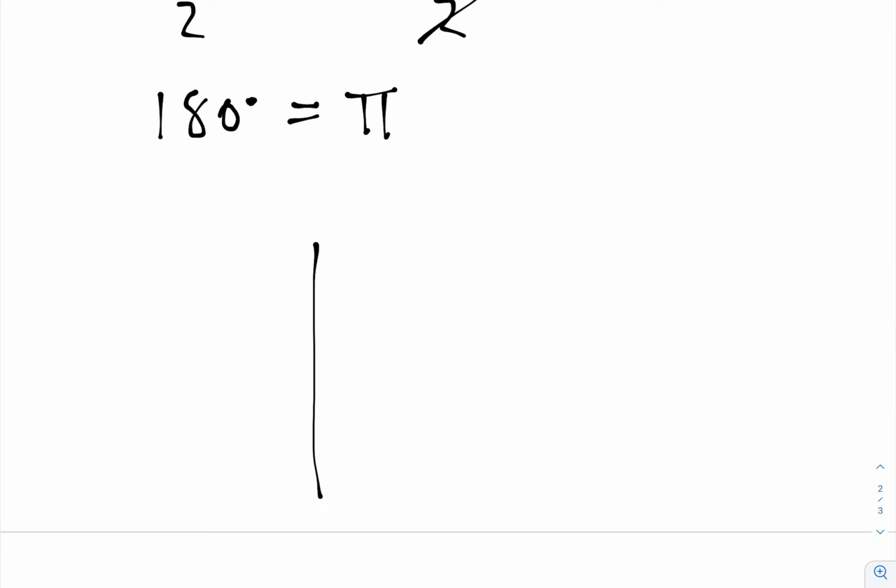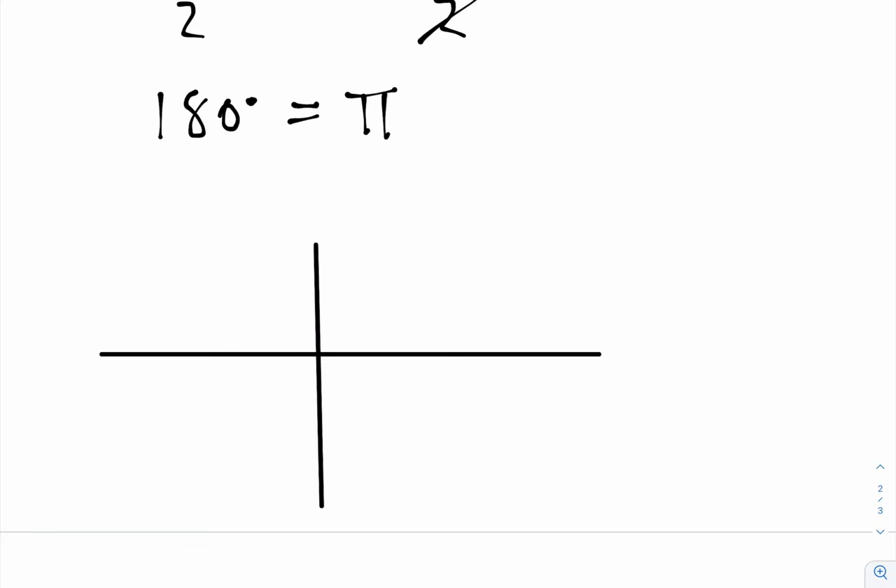If you see these quadrants like this, and let's say our terminal arm, we started on the positive x-axis like this, and we're rotating over 180 degrees. It's good to start thinking of this in radians. So you could say, okay, this is pi radians.